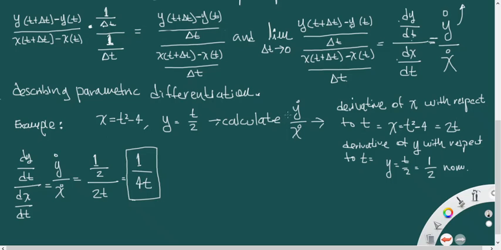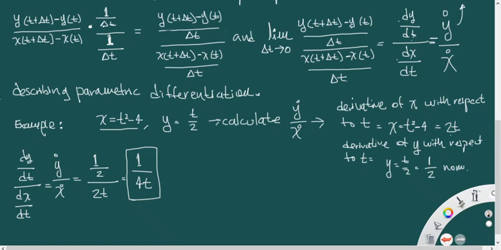So if we want to calculate the derivative of the parametric function, which is y circled divided by x circled, we need to calculate two derivatives. The derivative of x with respect to t equals 2t, because the derivative of 4 is 0, and the derivative of t squared is 2 times t to the n minus 1, t to the 1 is t.